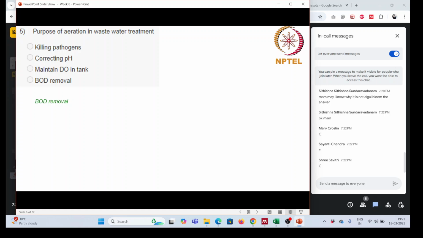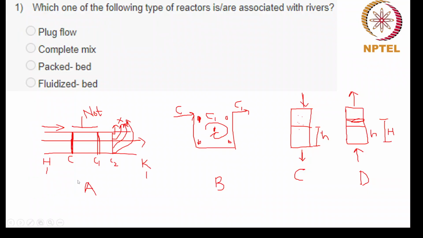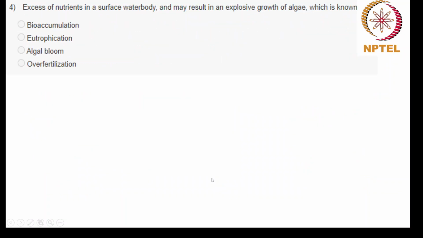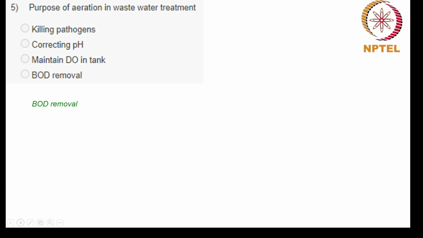See, what happens sometimes, if we are getting some wastewater, I'll explain it like this. If we have some tank with wastewater and the DO level is 0, and we have a BOD of 300.